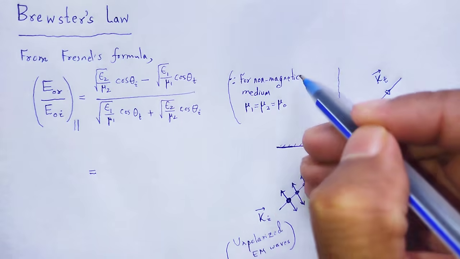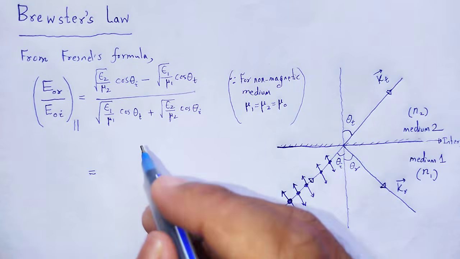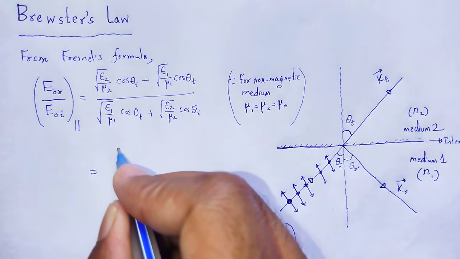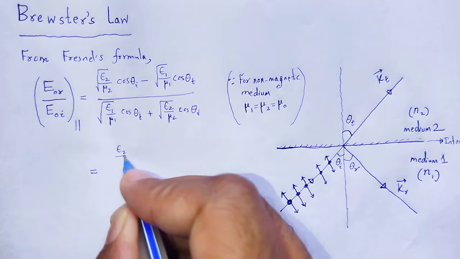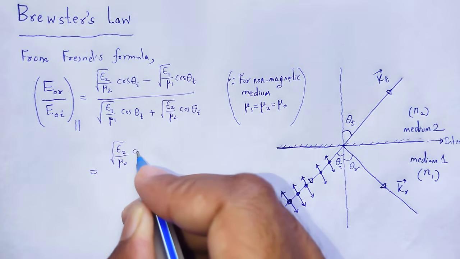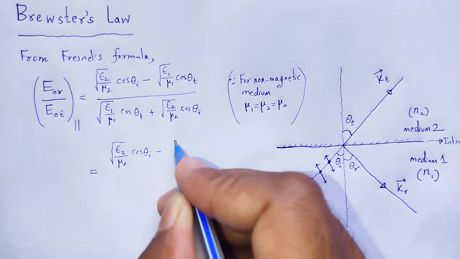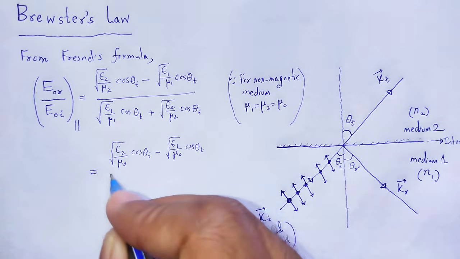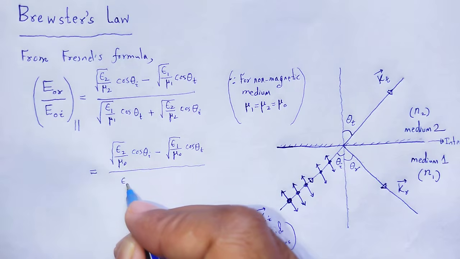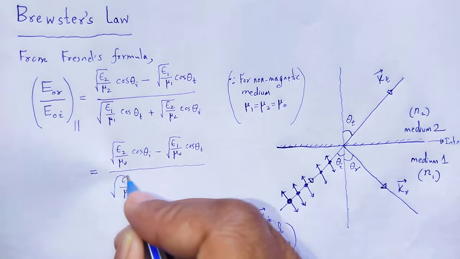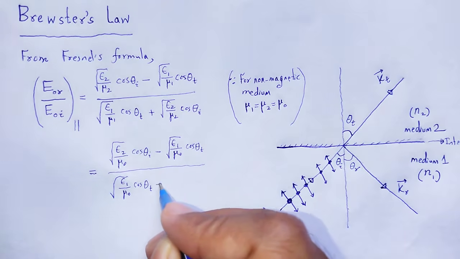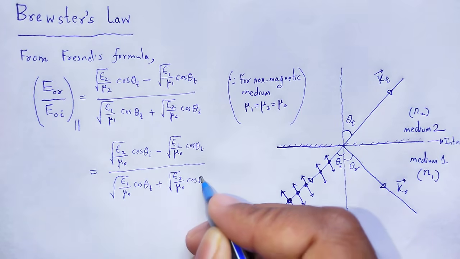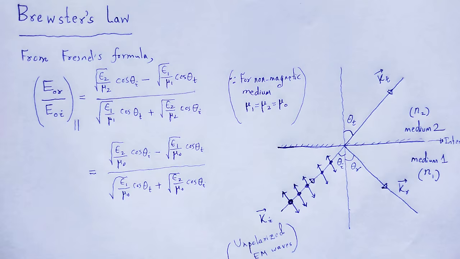Using that relation here: (epsilon 2 mu naught under root cos theta_i minus epsilon 1 mu naught under root cos theta_t) divided by (epsilon 1 mu naught under root cos theta_t plus epsilon 2 mu naught under root cos theta_i).